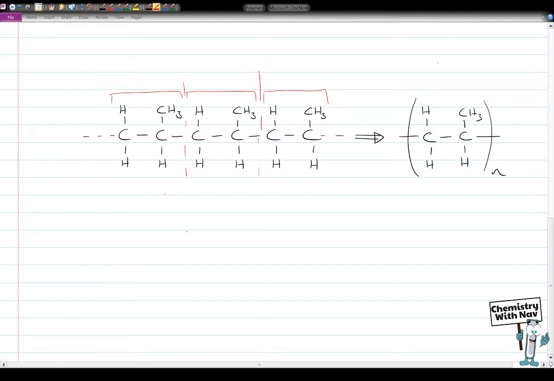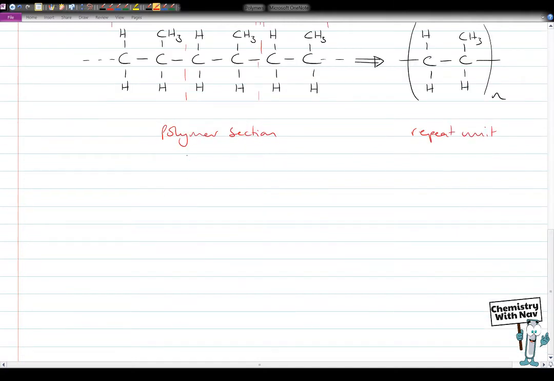So this is the polymer section, and this is called the repeat unit. And then from that repeat unit we can draw the original alkene, and drawing it in this way, again, ignoring the bond angles, would still be correct for an exam. And that is your monomer.